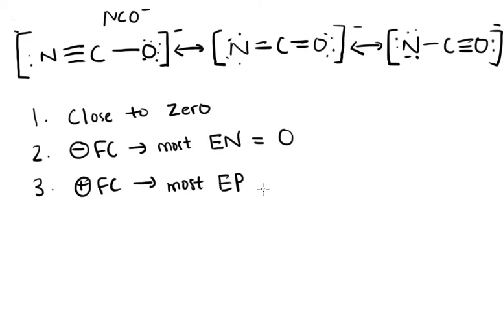And the most electropositive is carbon. Now these have a hierarchy. So if a certain structure follows the second and third rule, but it isn't as close to 0 as something else that still follows these rules, then the one that's closer to 0 will be the more stable one.